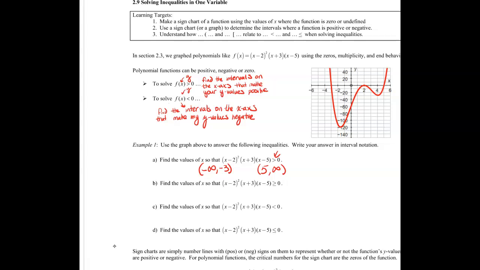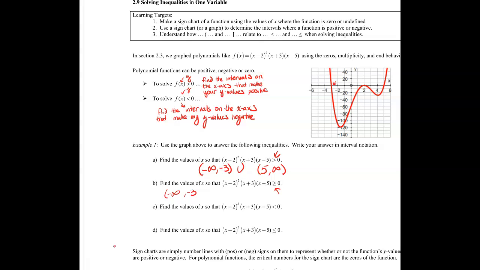Alright, cool. So what about the values of x so that the function is greater than or equal to 0? Well, this is going to look very similar, except this time I can actually include 0 on that interval. So I've got negative infinity, which is never included, all the way to -3 still.